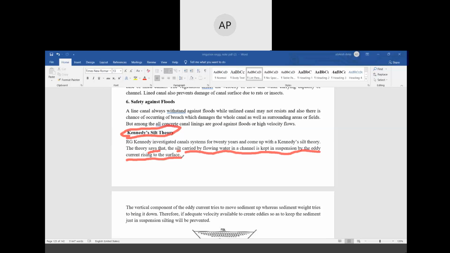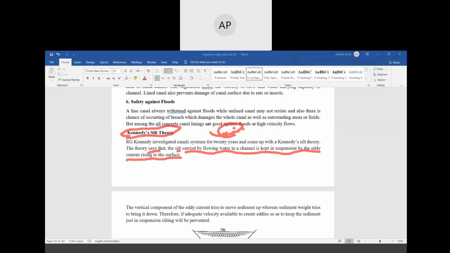So when water flows through the canal, there will be some silt there. That means there will be some debris, isn't it? It may be small debris or it may be larger particles. So these are called silt.